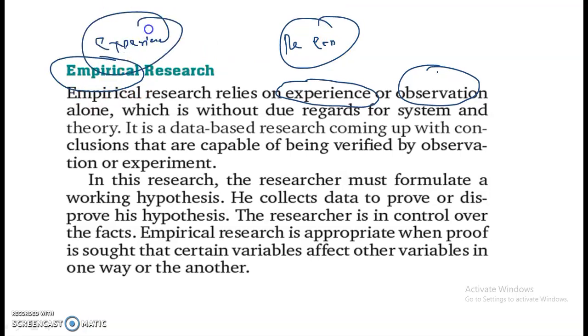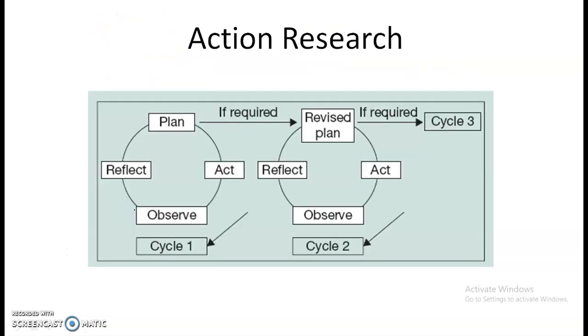Remember carefully, guys, because most of the time we get questions in the NTA UGC exam from this. Doing research based upon the experience of the researcher is called empirical research, and the researcher is in control over the facts only. Empirical research is appropriate when proof is sought and certain variables affect other variables in one way or another. That means it is related to facts or proofs.